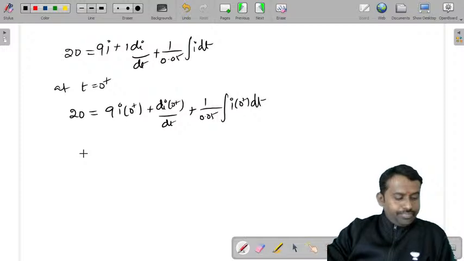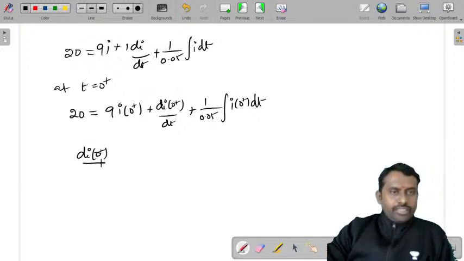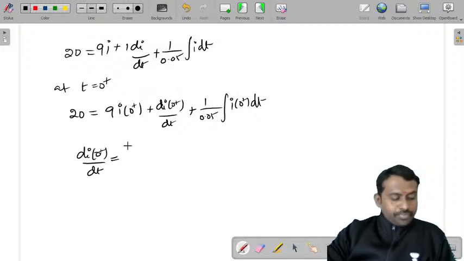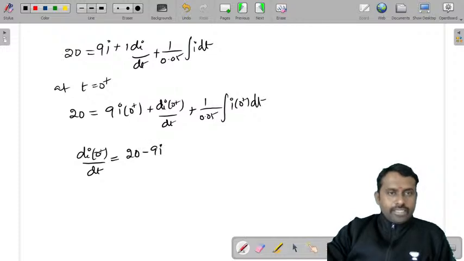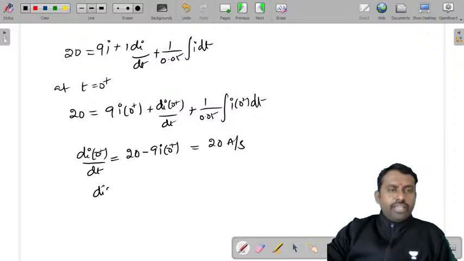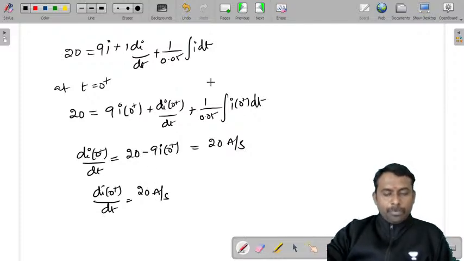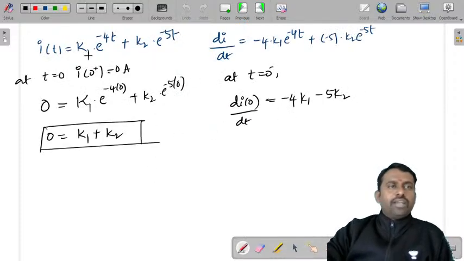So di(0+)/dt = 20 - 9 I(0+), and the integral term with I(0+) is 0, so that is equal to 20 ampere per second. So this value is also 0. Therefore, di(0+)/dt value is 20 ampere per second. So just substitute this value of di(0+)/dt here.